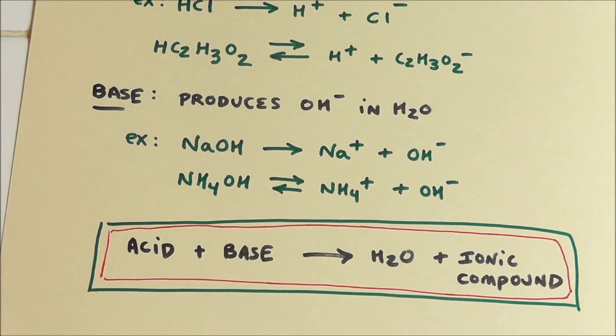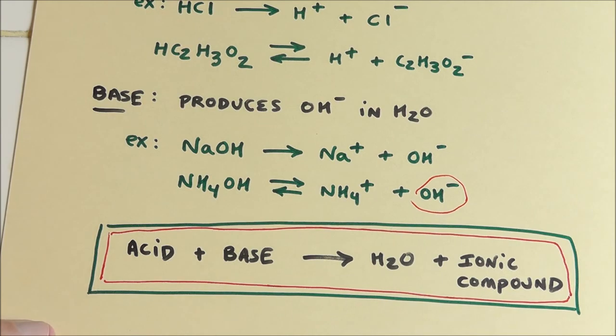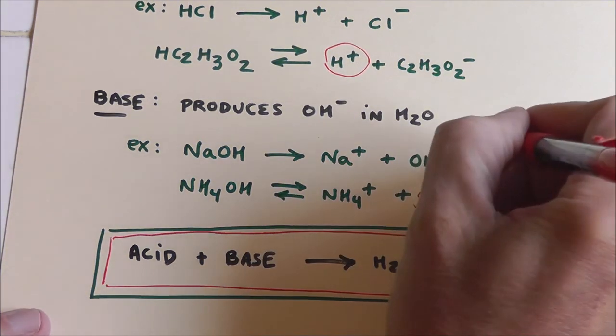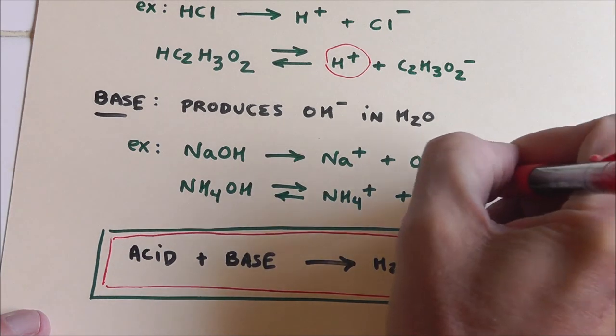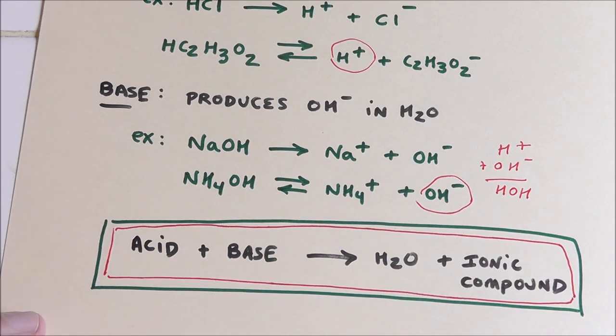If you react an acid with a base, you get water, because hey, look at this. What happens when you take one of these and you react it with one of these? H+, here, do this in your mind. H+ plus OH- goes to make HOH, which is water.